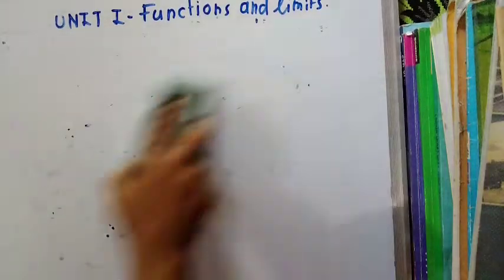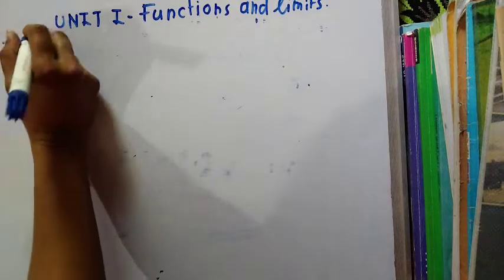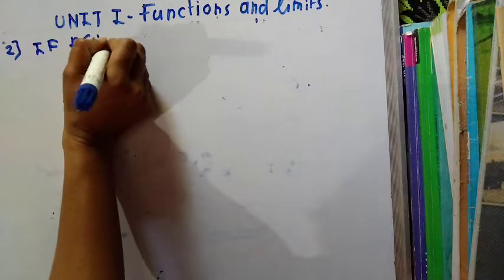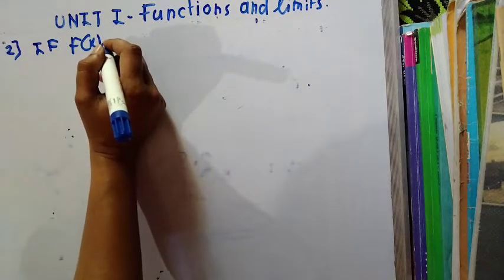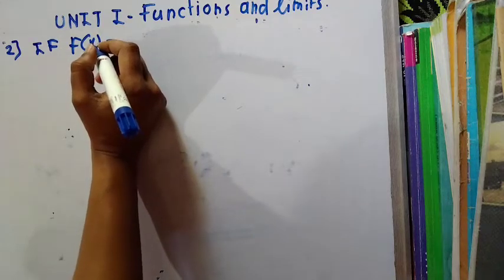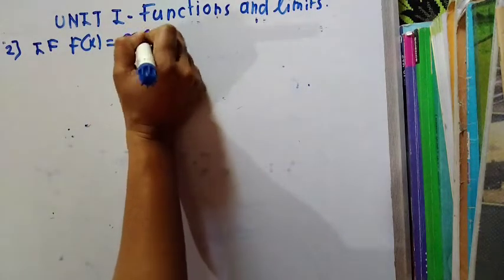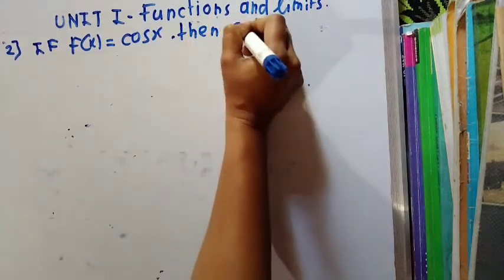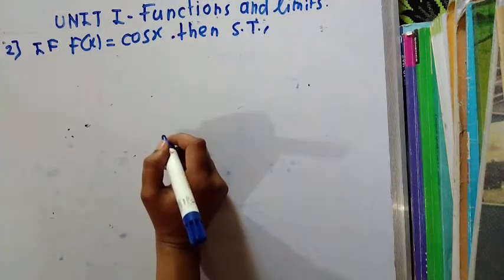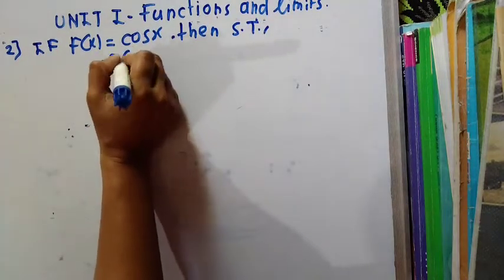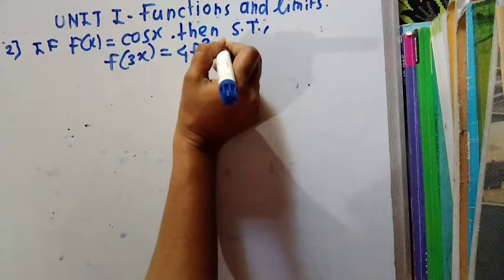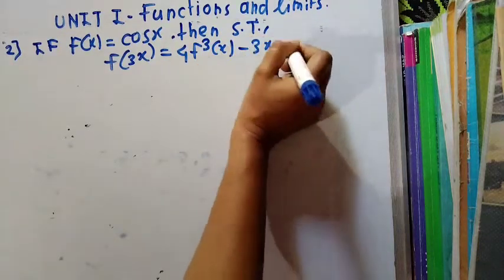Then next example, second, if f of x is equal to cos x, then show that f of 3x, which is equal to 4f cube x minus 3x.